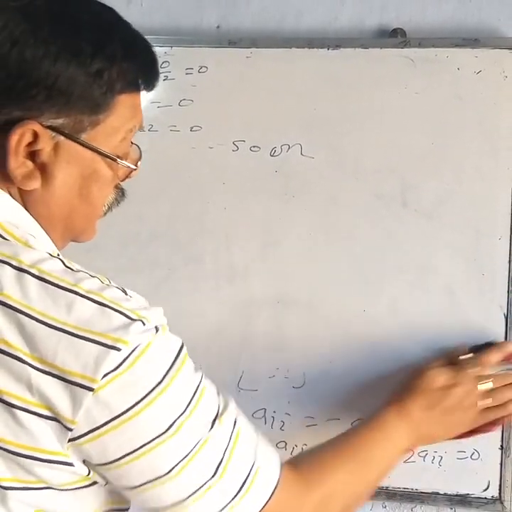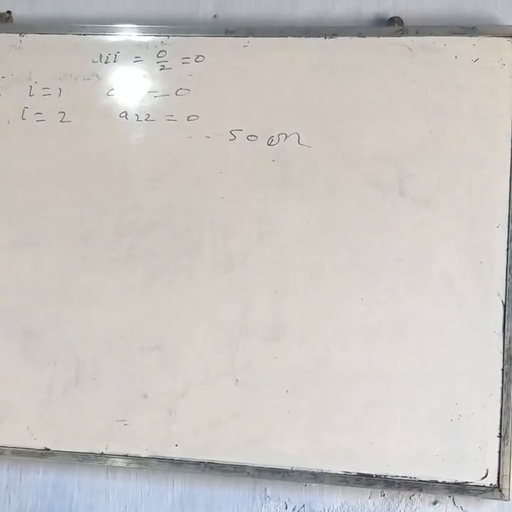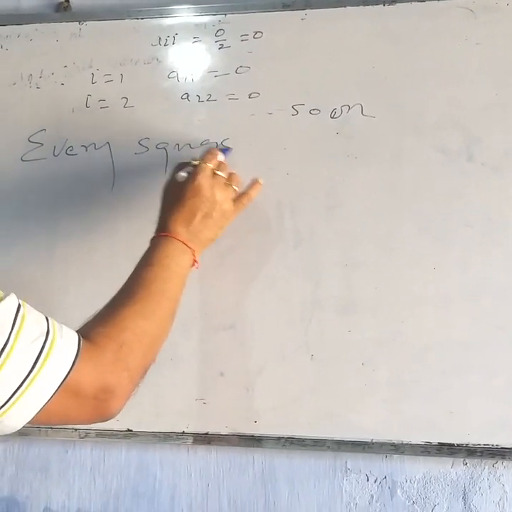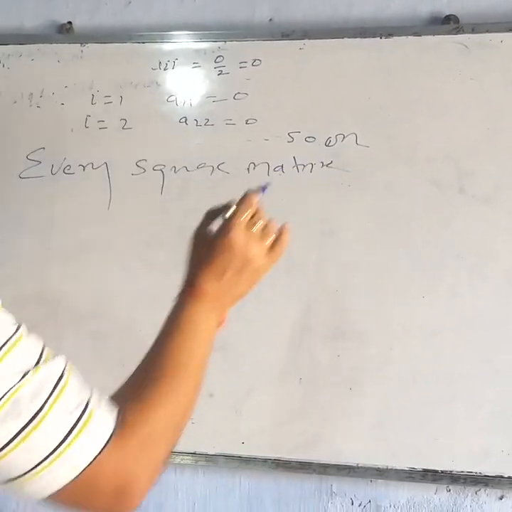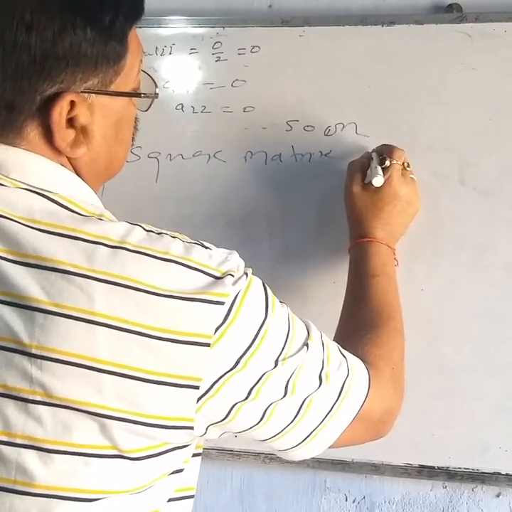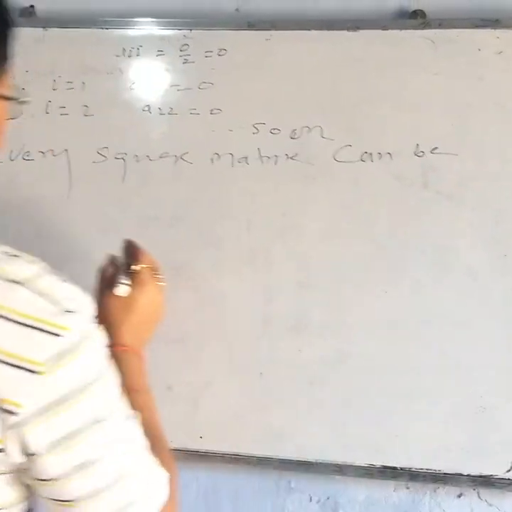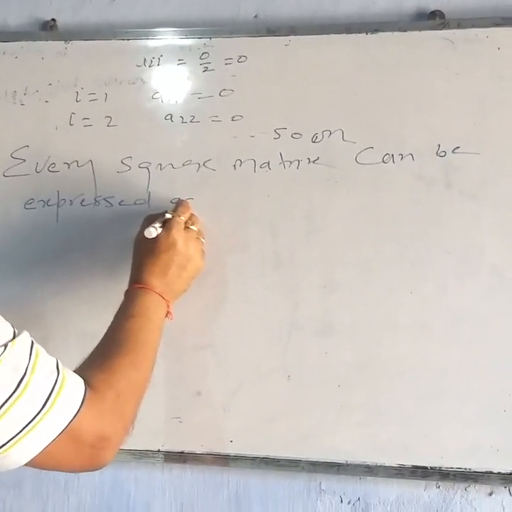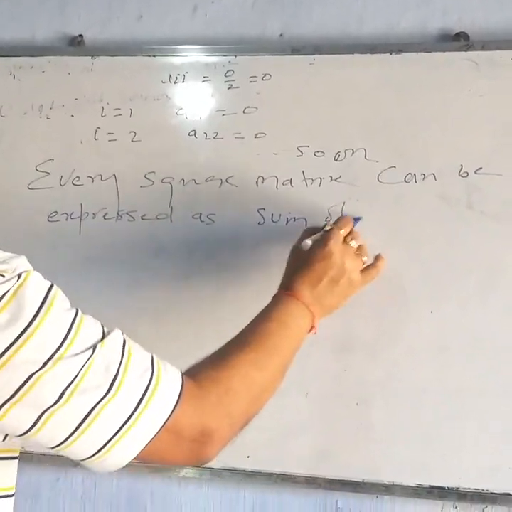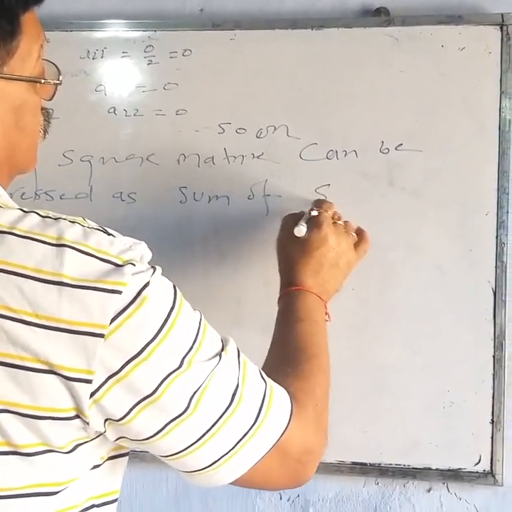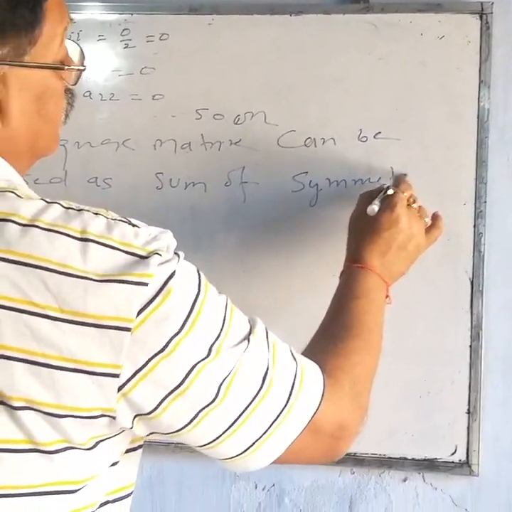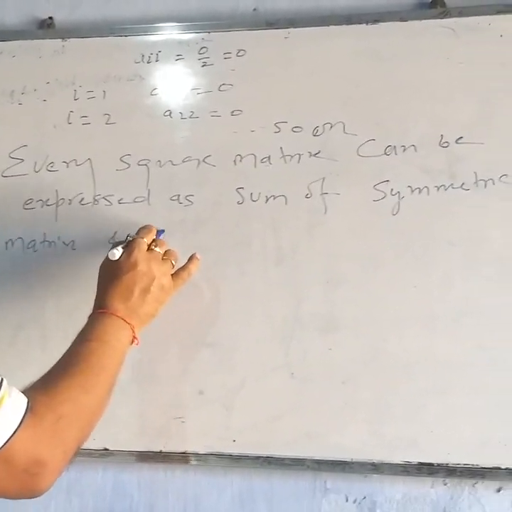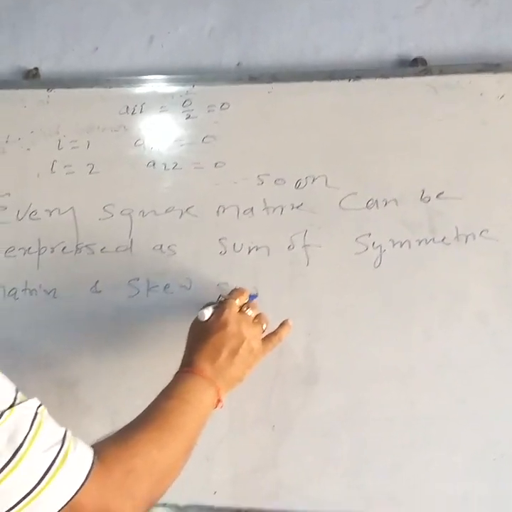Now there is a theorem: every square matrix can be expressed as the sum of a symmetric matrix and a skew symmetric matrix.